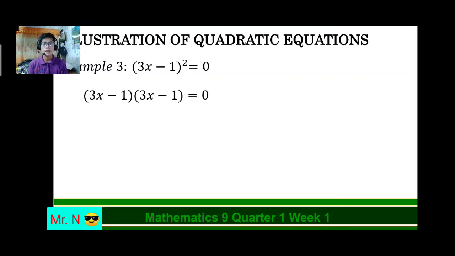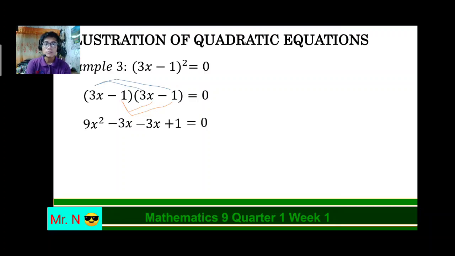Using the FOIL method, we have 3x times 3x, that is 9x squared. And then 3x times negative 1, that is negative 3x. And then negative 1 times 3x, that is negative 3x. And negative 1 times negative 1, that is positive 1, is equals to 0.